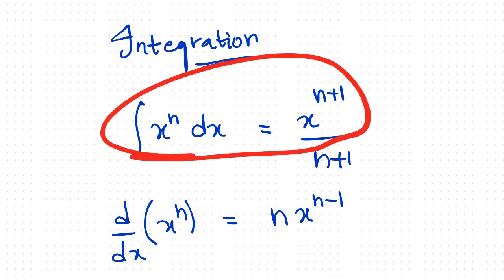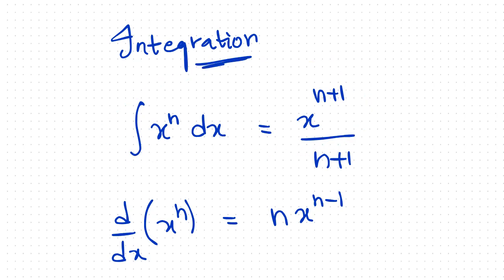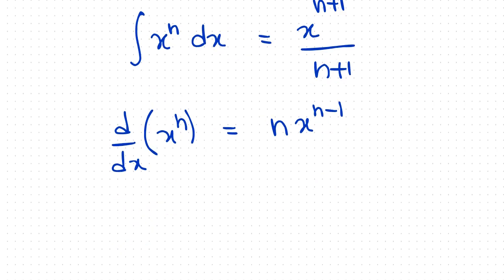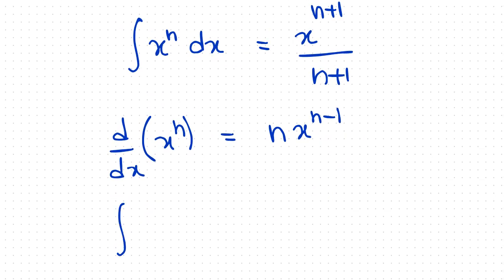In this integration, it's a bit different. The exponent gets added with 1. Instead of subtraction, it gets added with 1. And instead of multiplication by n, it is division by n plus 1. So kind of similar but not the same. That is how we can remember it. Integral of sin x dx means minus cos x.